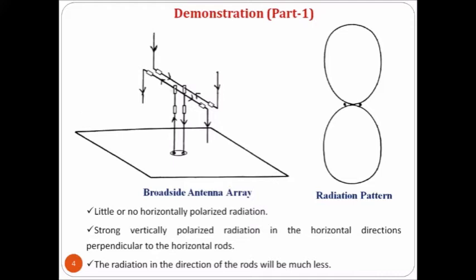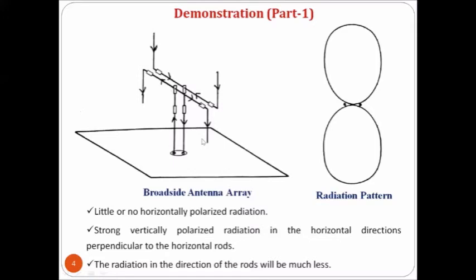If you observe these vertical angled rods, then each rod is quarter wavelength long, which means these are the half wavelength long antenna elements separated by this much distance, and this distance is kept equal to lambda by 2. And the current in both the half wavelength antennas is in the same direction.